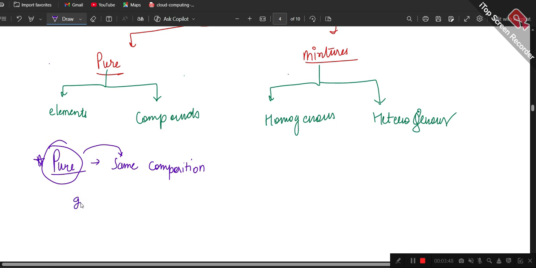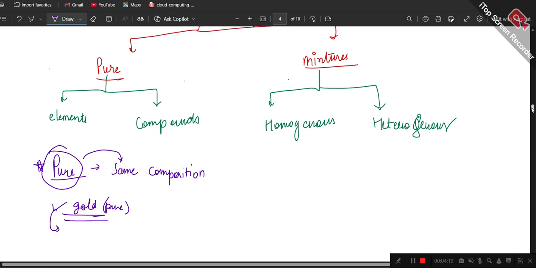For example, there is pure gold. I'm not talking about the one which is used in jewelry, because it is mixed with other components to make it more stable. Really, pure gold has a very low melting point, and it tends to melt even in hot weather, so we usually don't use it for jewelry.